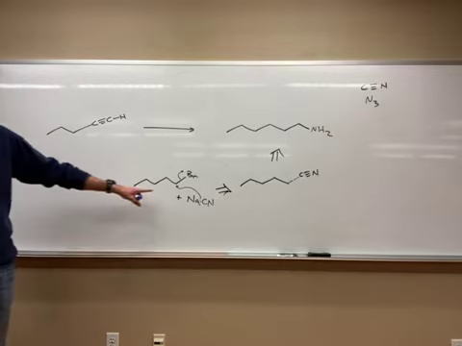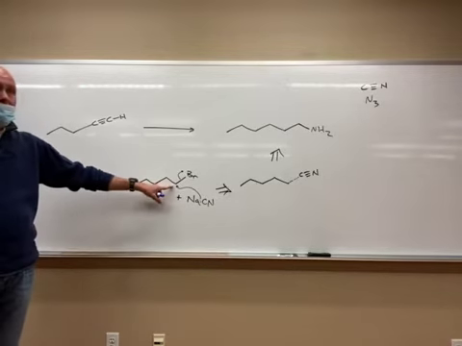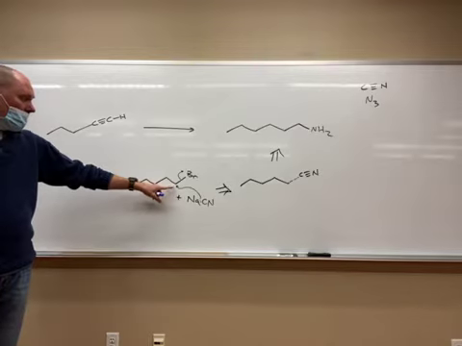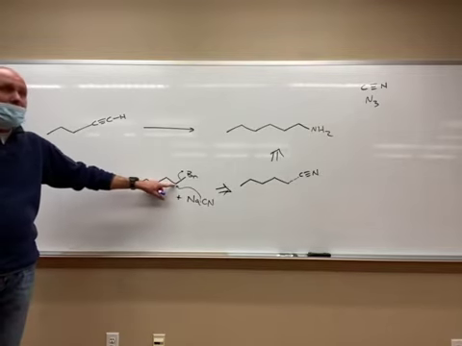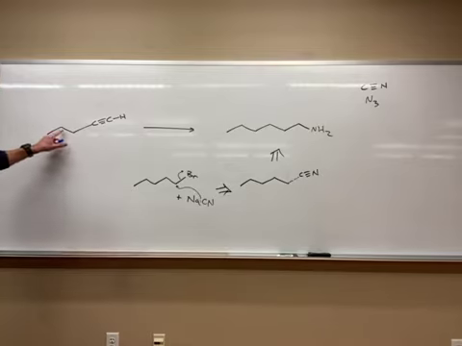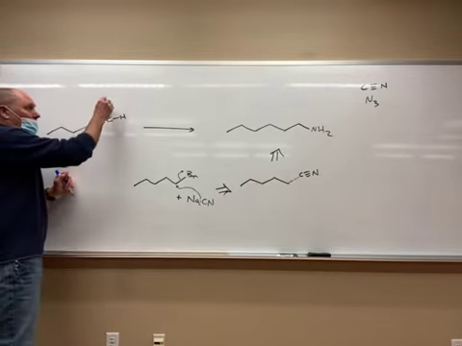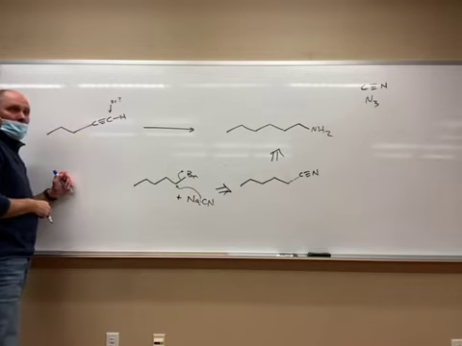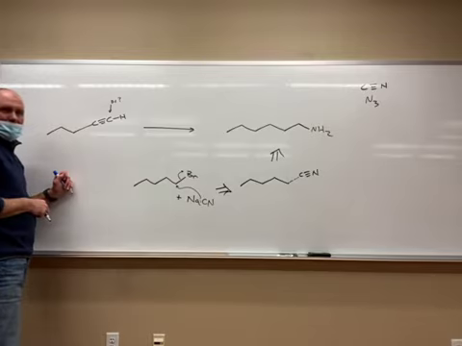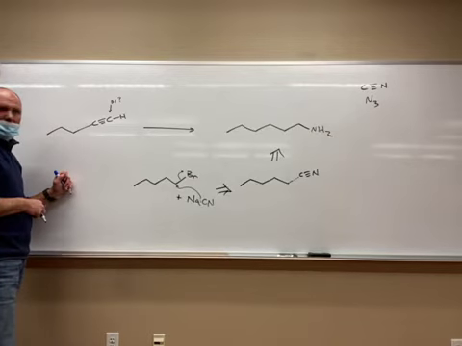Well, do I know how to form this thing? Well, this is 1, 2, 3, 4, 5. This is 1, 2, 3, 4, 5. So somehow I had to put a bromine there. How can I put a bromine on the end of a molecule?